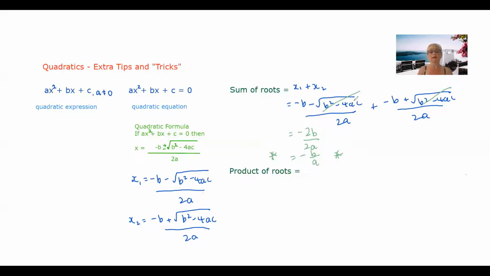Now let's have a look at our product. Well, our product is x1 times x2. What have we got here? Well, what we're in essence doing is we've got a difference of two squares. So we've got our first term is negative b and our second term is this square root here, all over your 2a, of course.